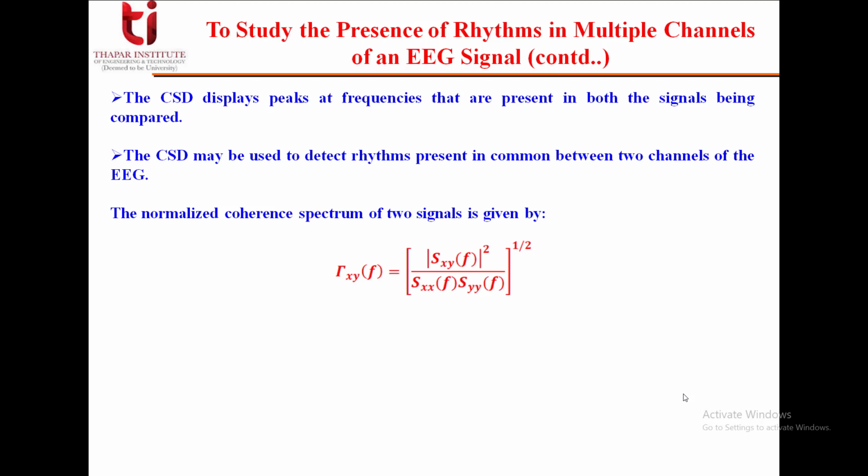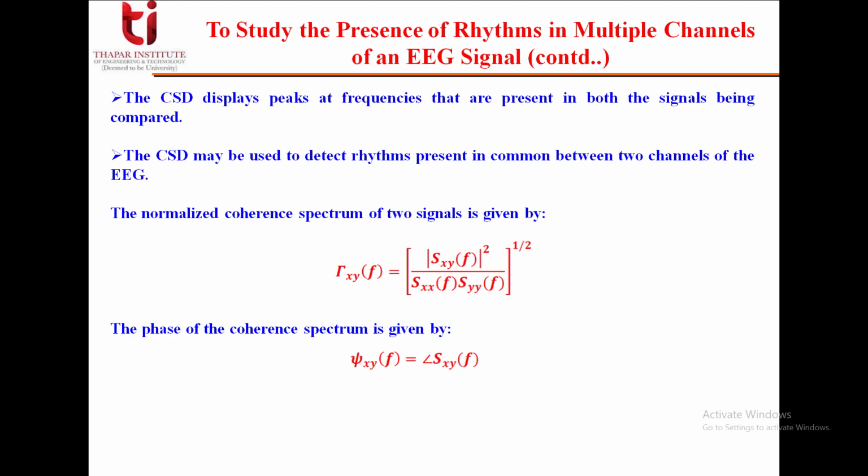And one more parameter we can assume is the normalized coherence spectrum of the two signals. That can be computed using the power spectral densities and the cross spectral density, as you can see. It is given as the square root of |S_xy(f)|^2, that is the cross spectral density squared, divided by the product of the power spectral densities of the individual signals.